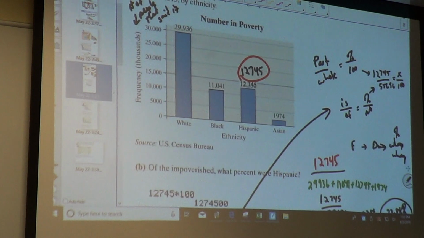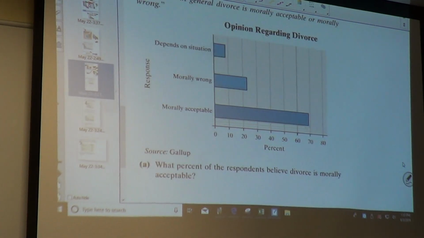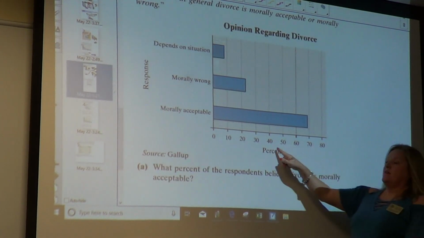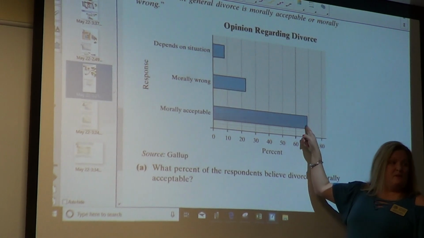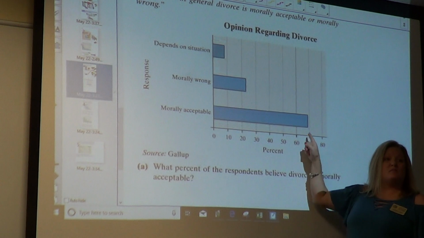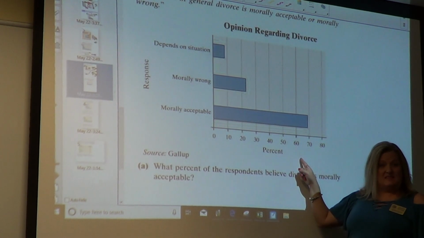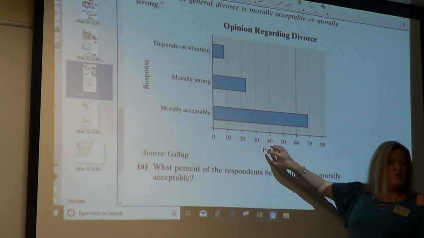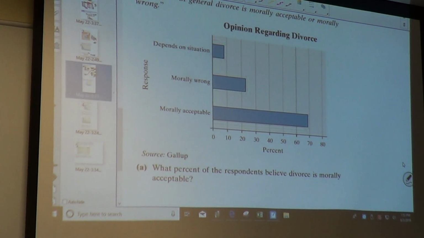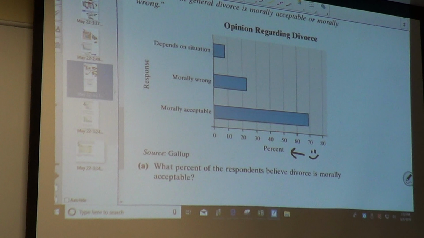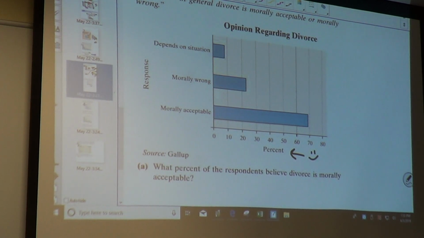For this graph, this does not represent how many people were asked. This represents the percent that were asked. So pay attention to what they're giving you down here. This is not the frequency anymore. This is automatically the percent. What percent of respondents believe divorce is morally acceptable? 69%.